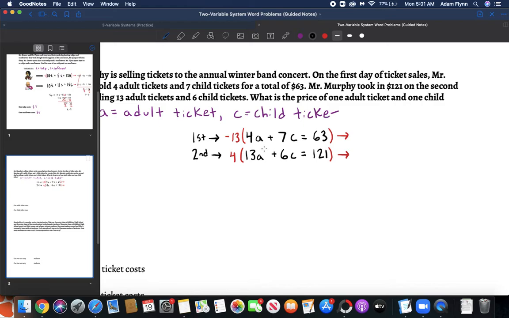So when I do this, negative 13 times 4a is going to be negative 52a. Negative 13 times 7c is going to be negative 91c. And negative 13 times 63 is going to be negative 819.